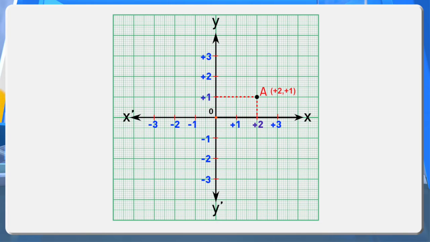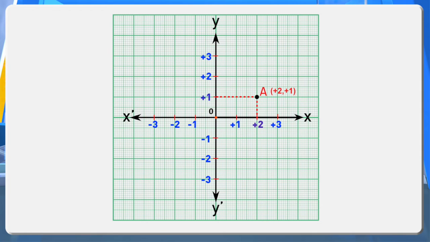Here, the coordinate of A is positive 2 and positive 1, which means the first number says about the distance of positive 2 from the y-axis and the second number says about a distance of positive 1 from the x-axis.